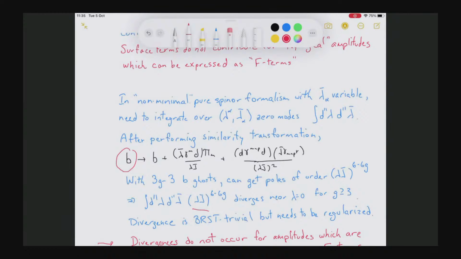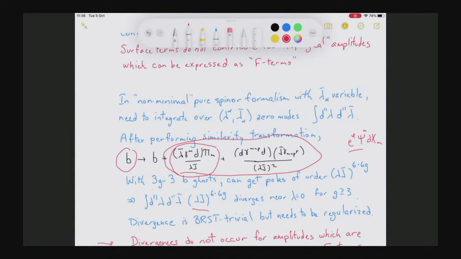It has these terms here which look very much like picture changing operators. So the picture changing operator in RNS was something like e to the phi psi_m dx^m. And this object here, if you write it in terms of the untwisted variables, pi is essentially like dx, and lambda bar gamma d is essentially like this e to the phi psi.